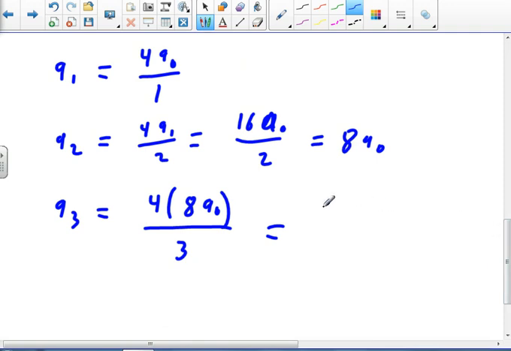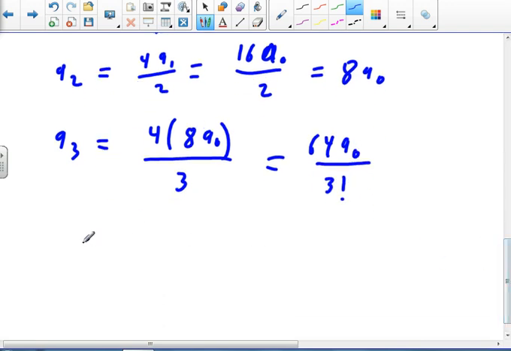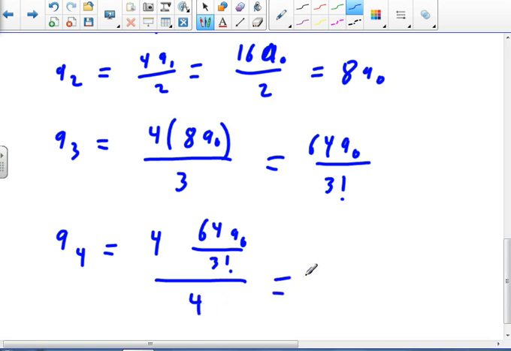What are we going to do about that? We're going to call that 64 a0 over 3 factorial. And then we got a4 is going to be 4 times 64 a0 over 3 factorial divided by 4. So we'll call that 256 a0 over 4 factorial.